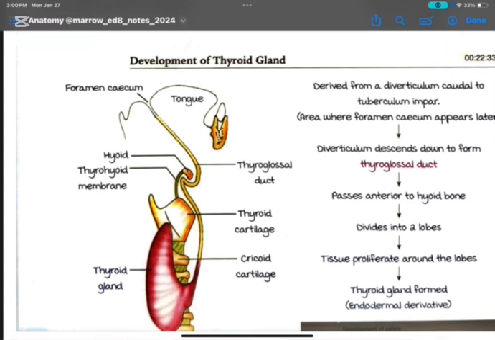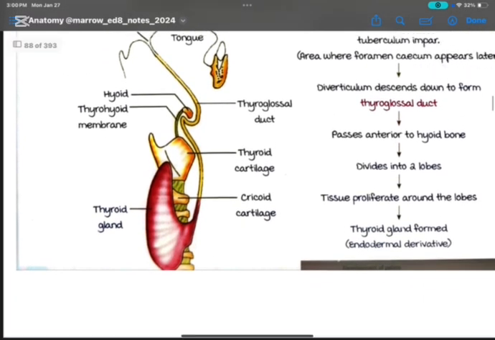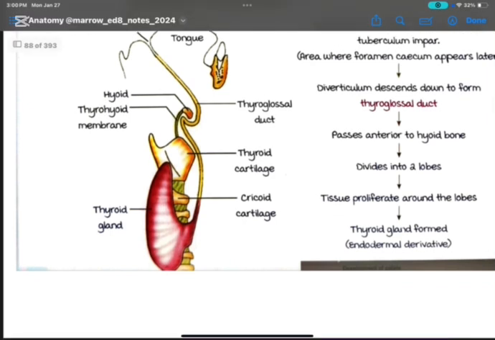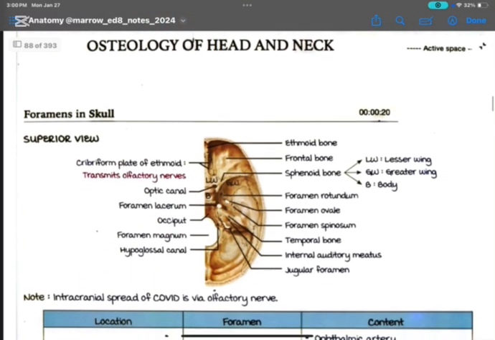Derived from diverticulum caudal to tuberculum impar, area from where foramen cecum appears later. Diverticulum descends down to form thyroglossal duct, passes anterior to hyoid bone, divides into two lobes. Tissue proliferates around the lobes. Thyroid gland forms, endodermal derivative.